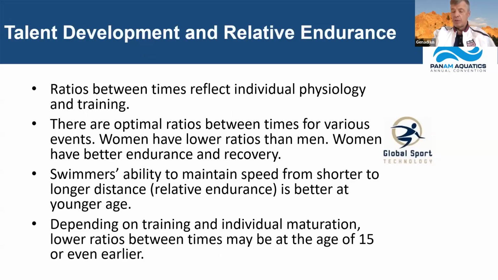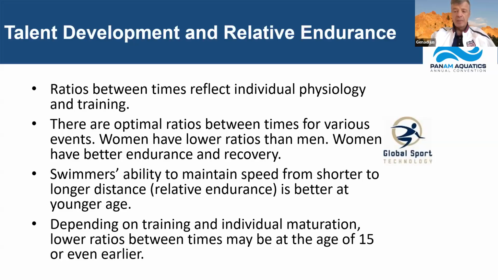And as I said, if your ratio between times is too high and you're entering the results, the software will calculate the ratio, compare with elite level swimmers, and give you a recommendation for your swimmers on what kind of training you need to do in order to keep an optimal ratio instead of keeping the ratio too high or too low.